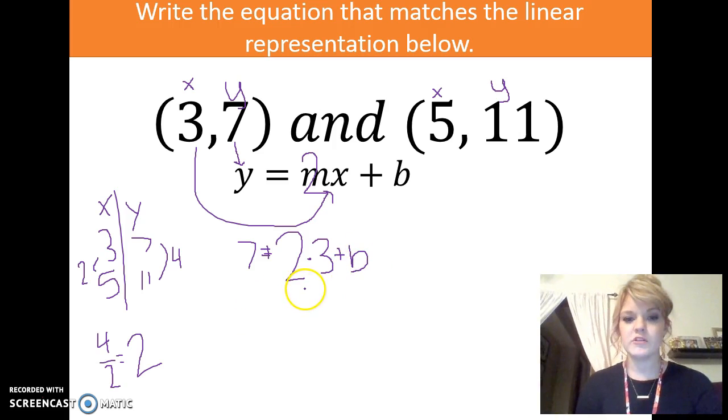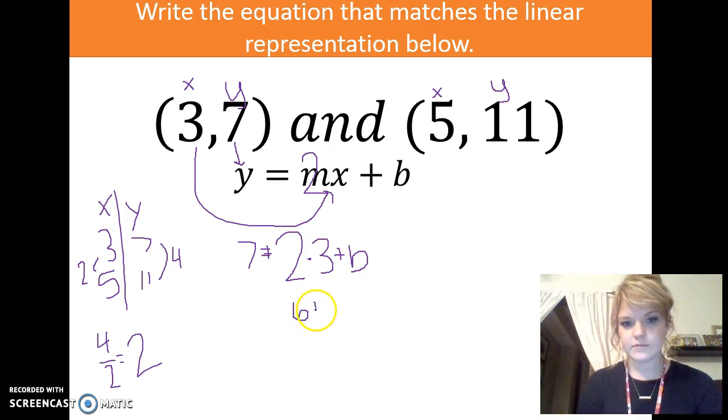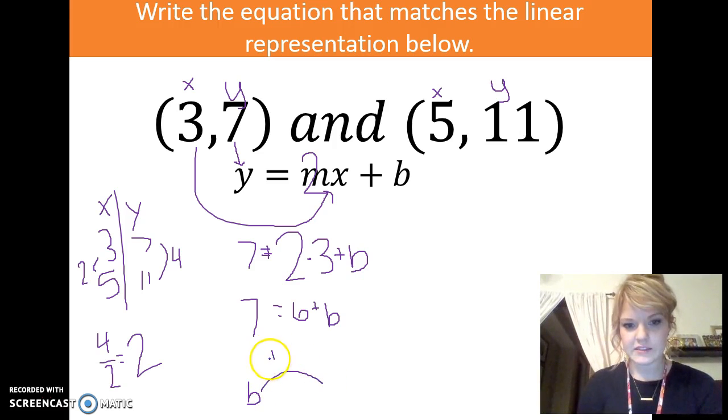And now this is where I'm going to solve. So simplify. 2 times 3 is 6 plus b, and it still equals 7. Now this is easy. This is just a one-step problem because there's nothing by the b. So b, I'm adding 6 to get to the 7. So on the bottom, I would subtract 6. 7 minus 6 equals 1.